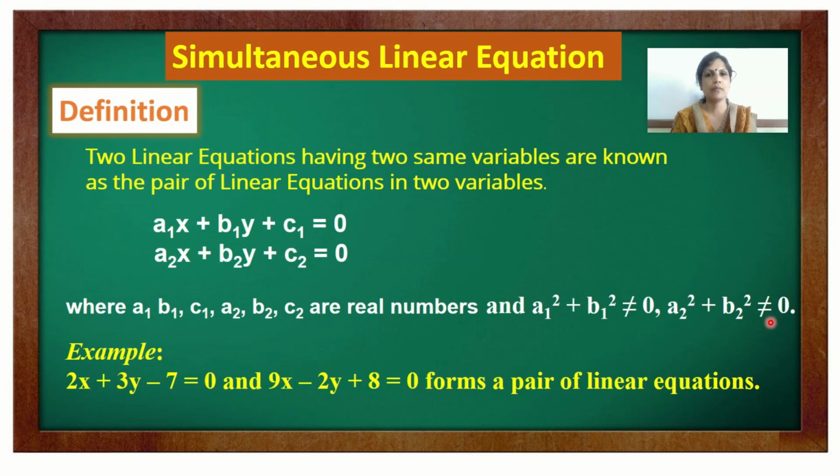This is the condition. So when linear equations in 2 variables are given in pair, 2 equations together, they are simultaneous linear equations.